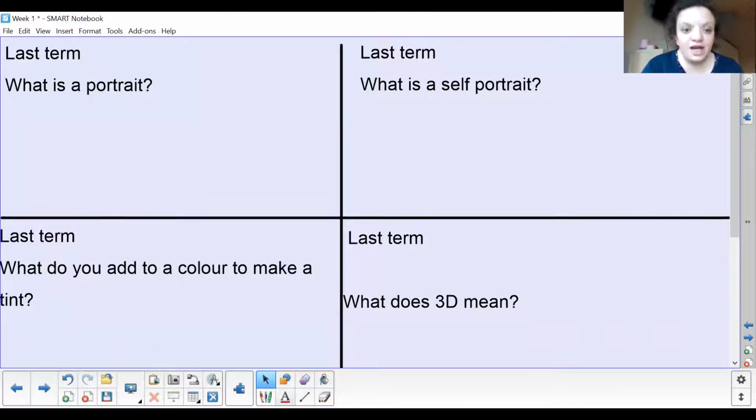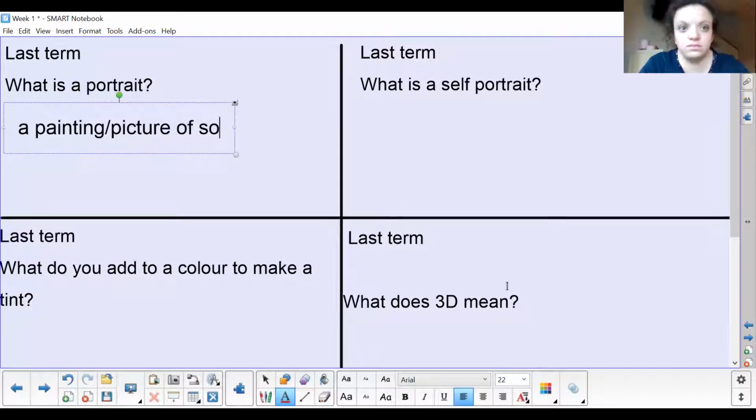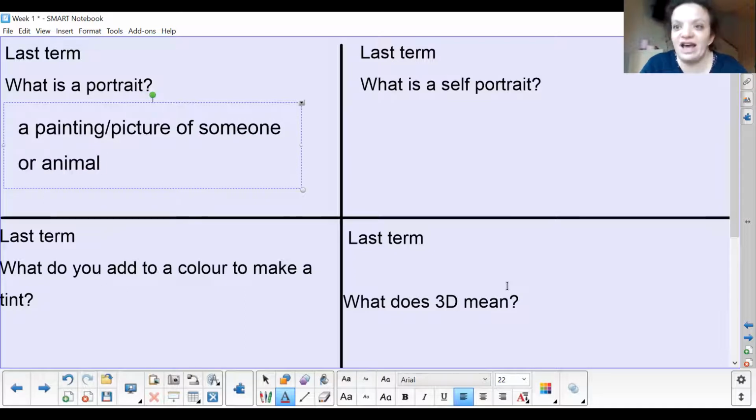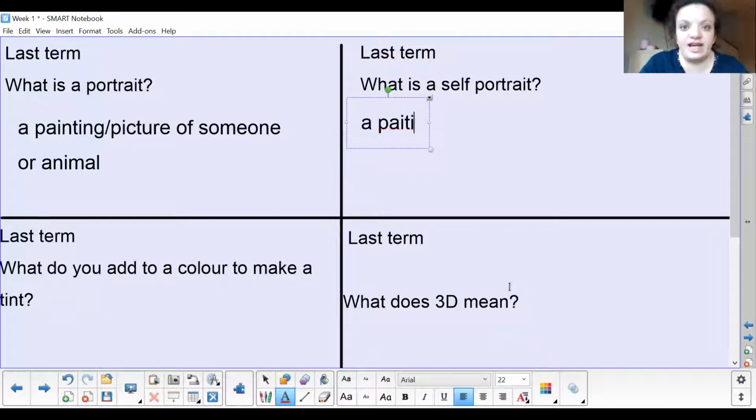So what is a portrait? A portrait is a picture, a painting, a picture of someone or an animal, of someone else though. Meanwhile, a self-portrait is a painting or picture of yourself.